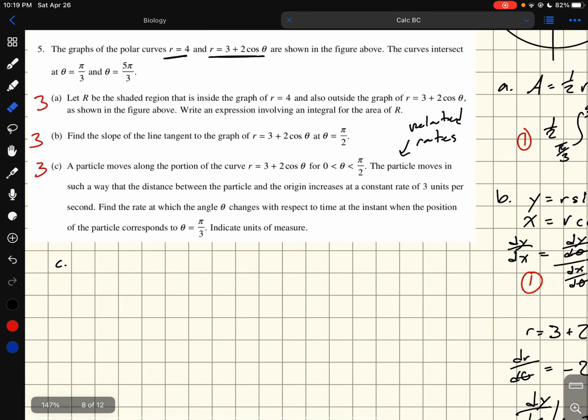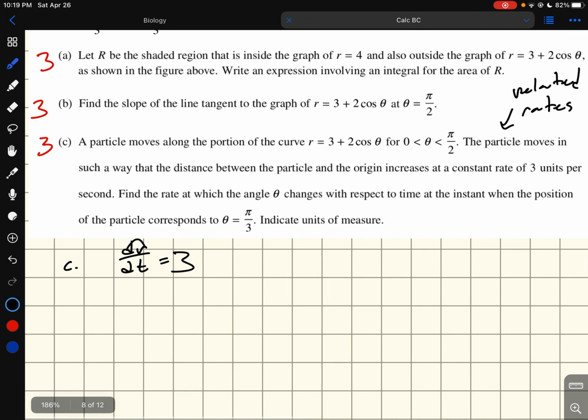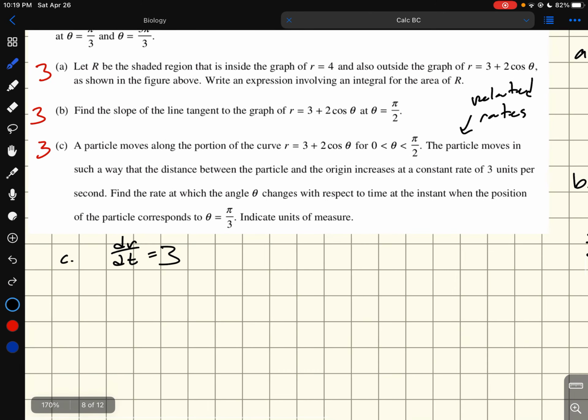It's telling us the distance is increasing at a rate of 3 units per second. So we know that dr dt is equal to 3 units per second, because the radius is changing with respect to time at a rate of 3 units per second.